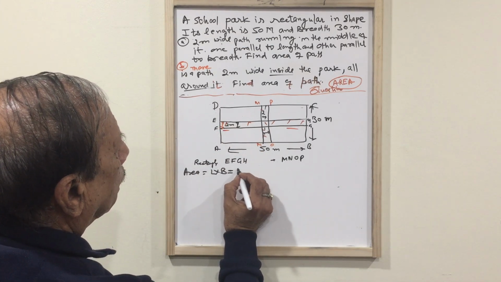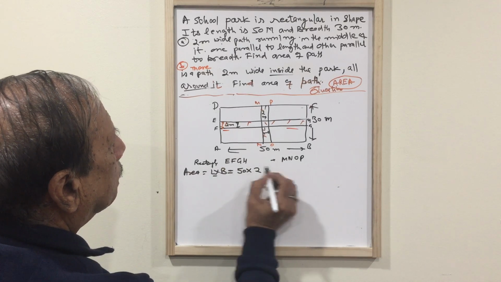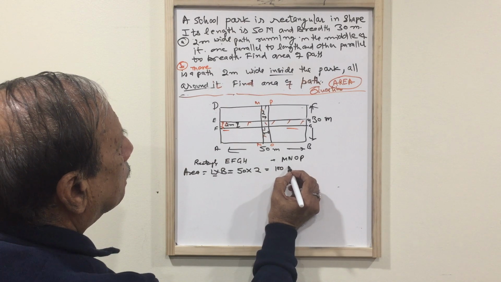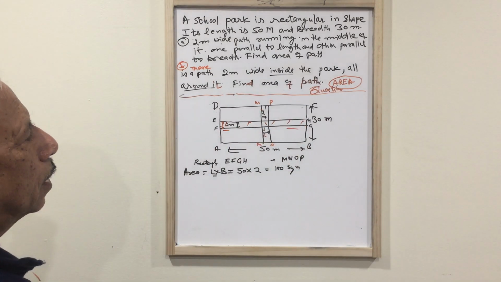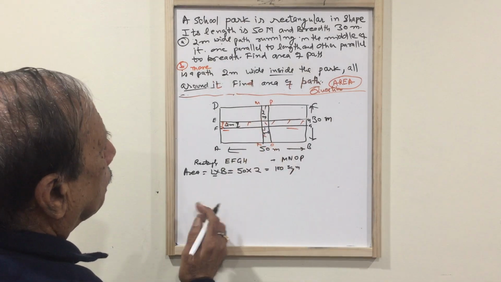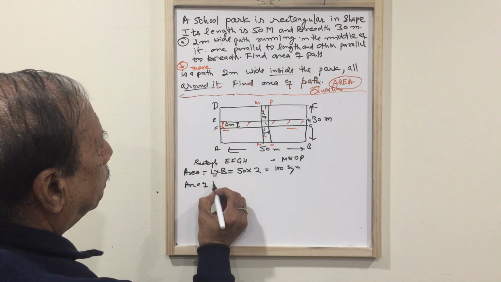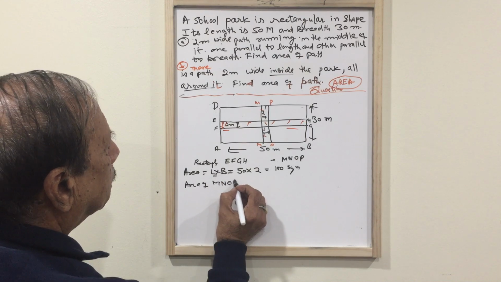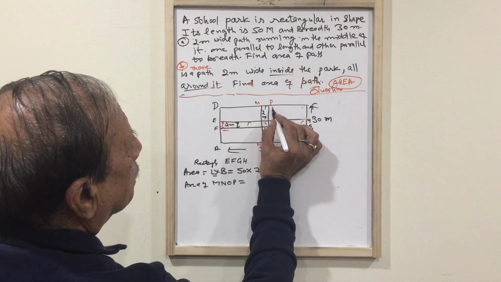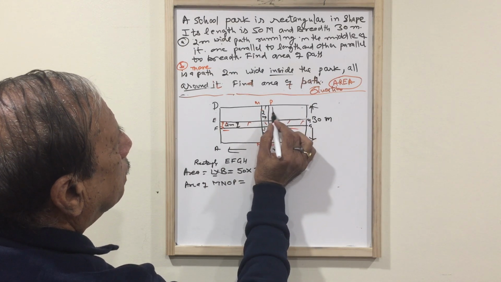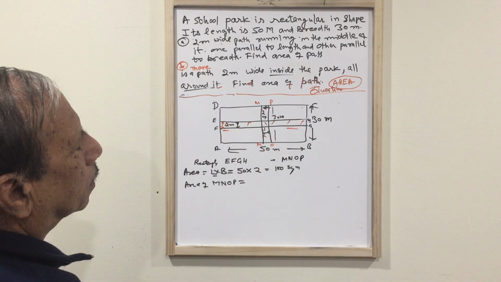So 50 meters is the length, 2 meters is the width. We multiply, it's 100 square meters, the area of this rectangle. Another, the area of rectangle MNOP: the length is 30 meters and width is 2 meters.